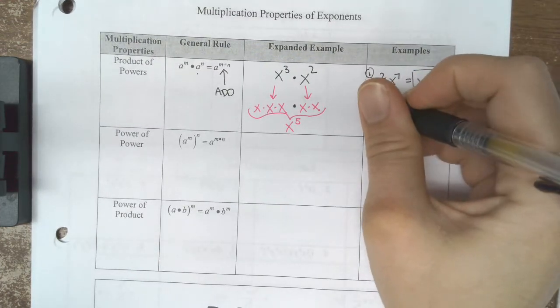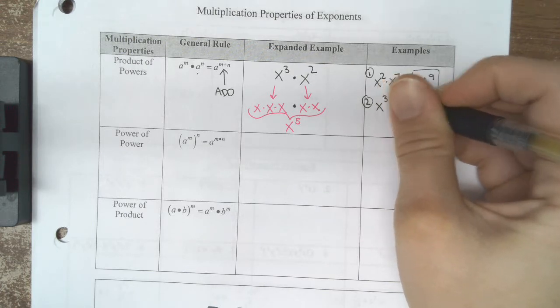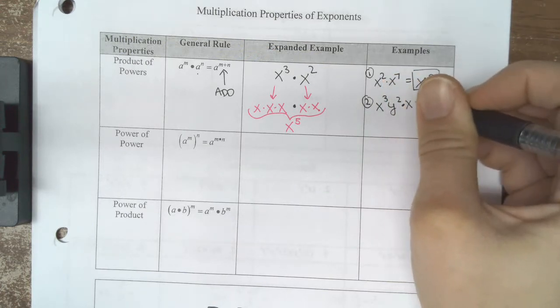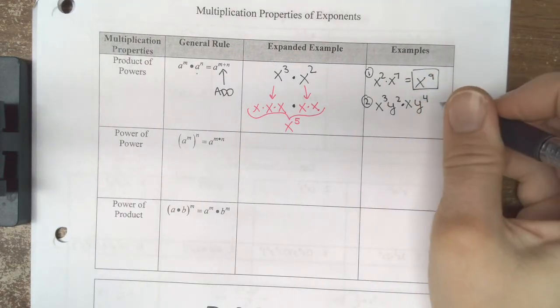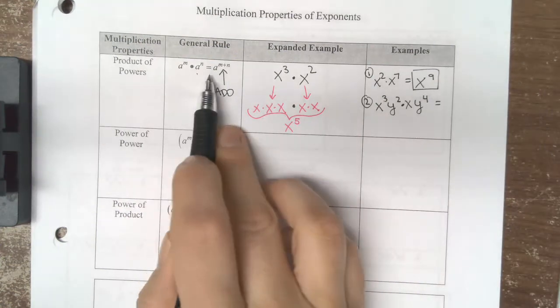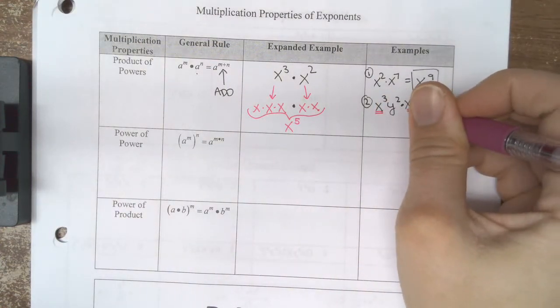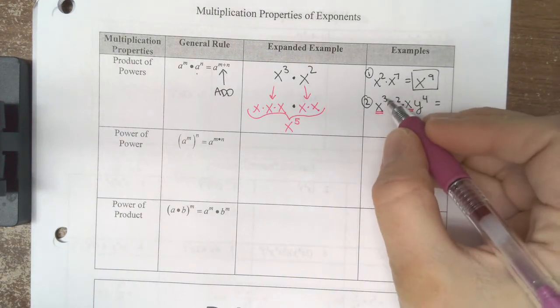And I could have more than one variable there. So I could have x cubed y squared times x y to the 4th. On this example, remember it has to be the same base. So I can combine this x with this x and say, well, I have 3 factors of x here.